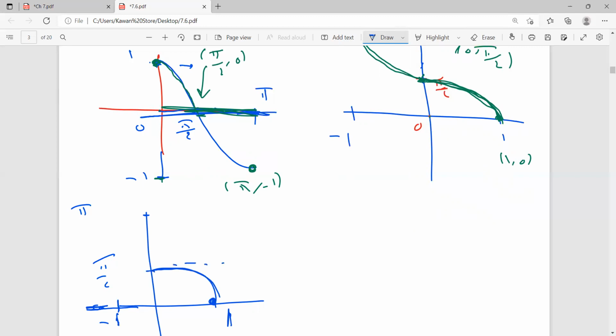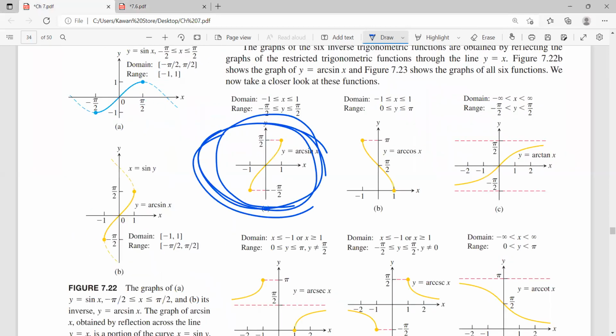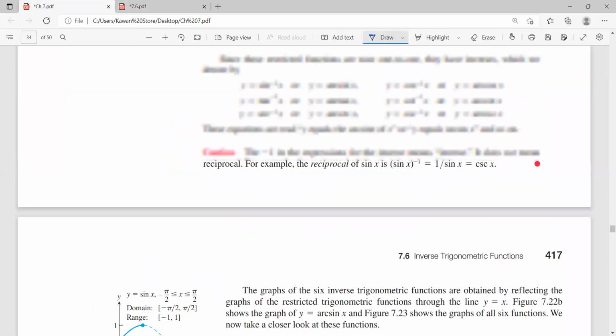And from here to here, the graph goes to pi and back to -1. Here's the first part, here's the second part. Understood? That's another strategy. Up to you, whatever you like. This is the second example, here's the graph.